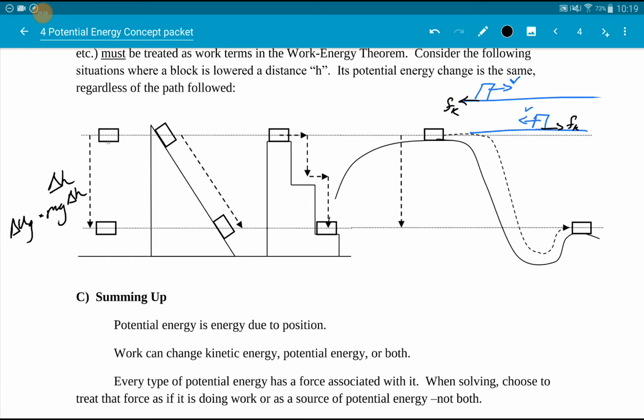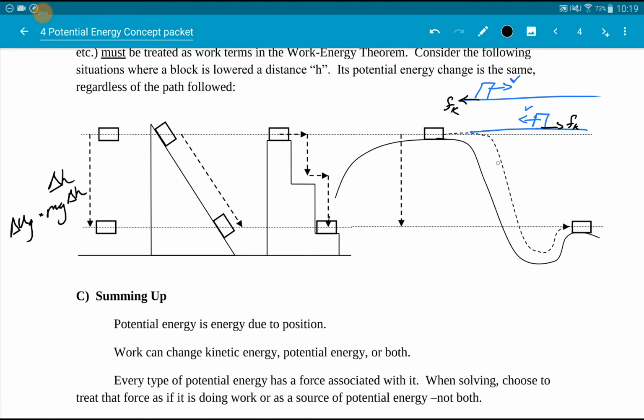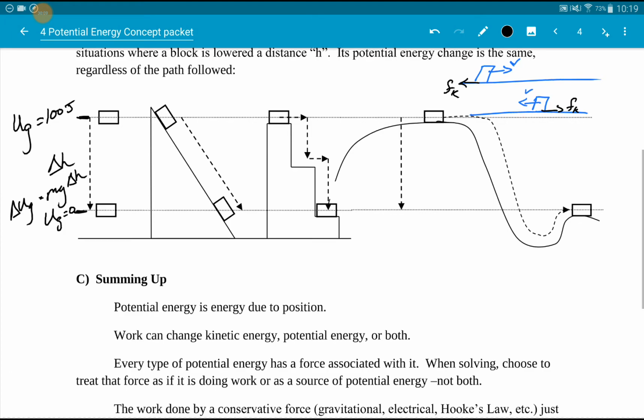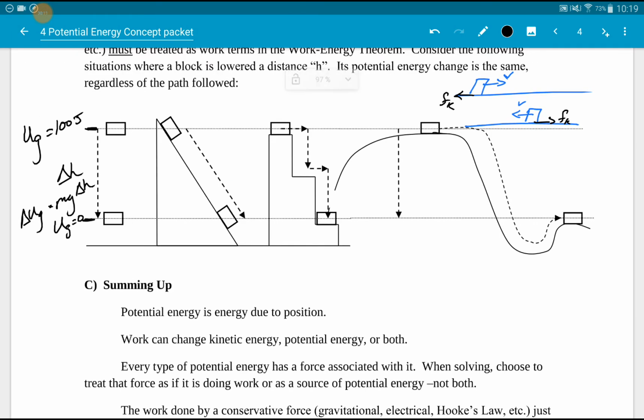But if I look at each one of these cases, whether I let it drop down, let it slide down, take it down some stairs, or I have some complex hill and I make this thing go down here, tell me something about the gravitational potential energy up at the top at the beginning state versus down here at the end state. What if it was 0 down here? Let me just make up some numbers. What if I said that this was 100 joules up at the top? Which one has the biggest change in gravitational potential energy?